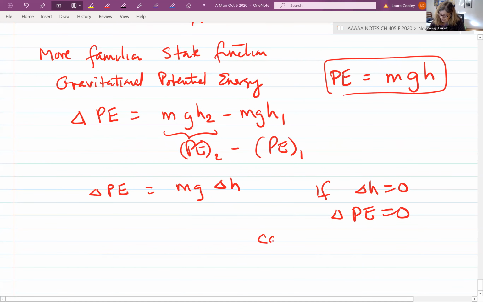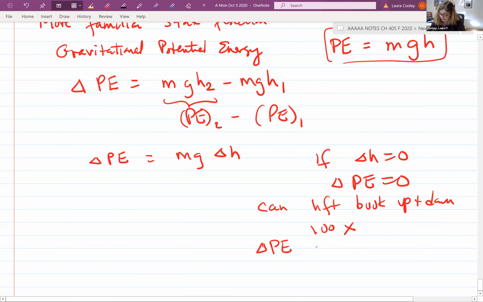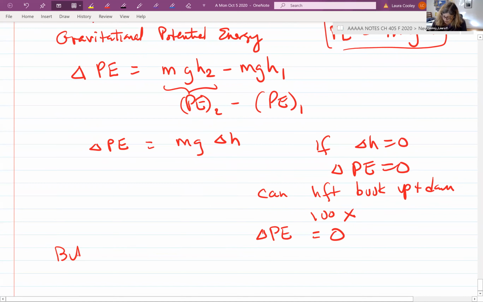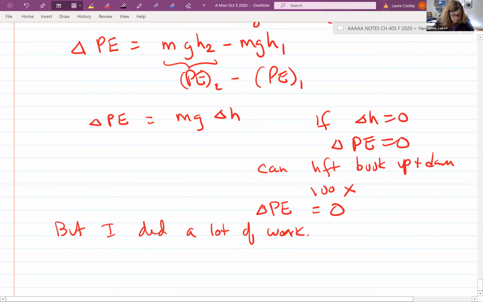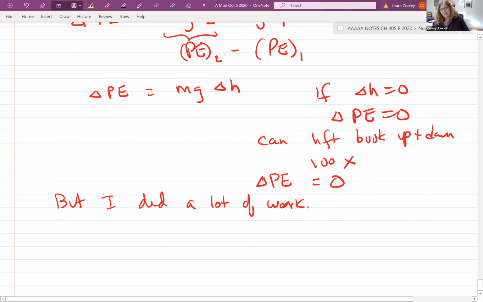You can lift a book up and down 100 times, and the delta PE is 0 because you didn't change the height, but you did a lot of work. I could be all exhausted with my arms tired and everything. So that's the difference between work being path dependent and potential energy not being path dependent.